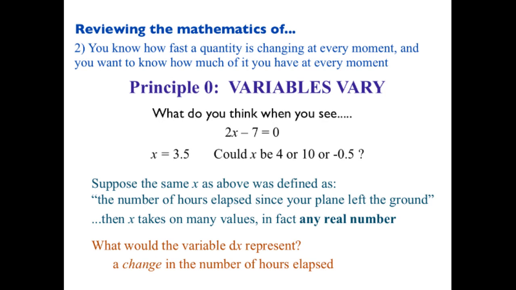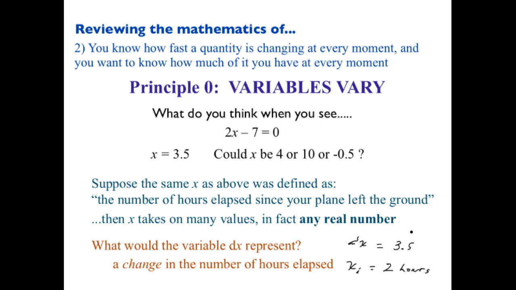And so we want to also think of dx as a variable, right? So I said dx equals 3.5. Well, if our x initial, say xi, was 2 hours, so starting from 2 hours, we can have a change in time of 3.5 hours, but then that dx could change, right?